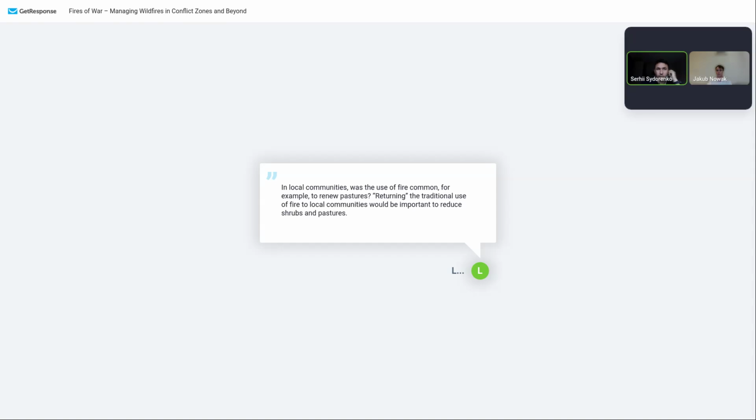And if you set a fire, you are an arsonist, you are out of legislation, you are a criminal. So for decades, people continued to use fires, but illegally, without any kind of permission. And probably it is time to start a discussion about returning this practice, but it will not be easy, because the main narrative in Ukraine is that fire is only a bad thing and all fires have to be suppressed.